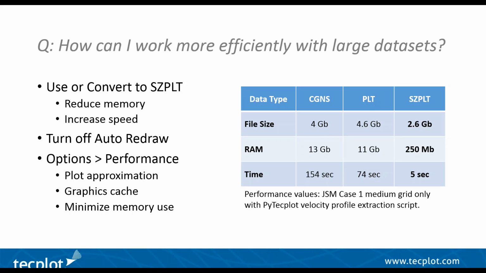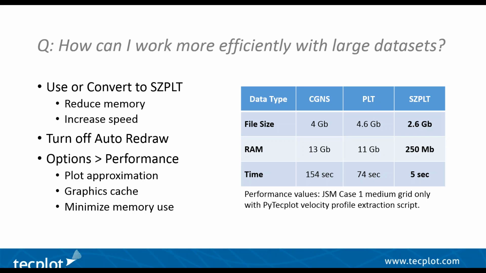So from the plot, or from the table on the right, we did a quick test with the JSM case 1, so this is without the nacelle, for a medium unstructured grid. It's kind of the data set you've been seeing in the images throughout the presentation.